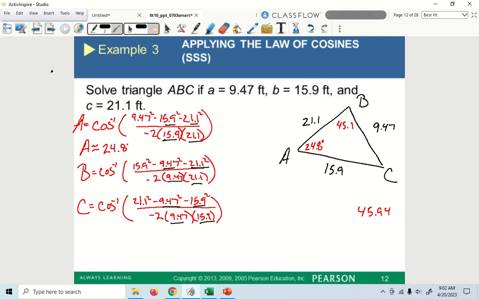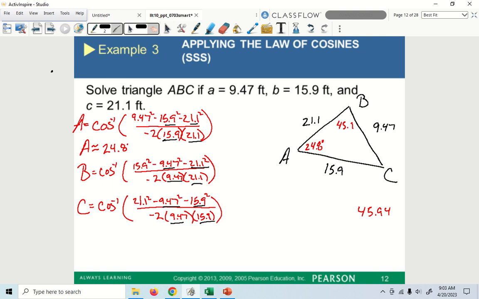I like law of cosine more than I like law of sine, because sine has a problem. What's the problem with law of sine? You have to find the angle before you find the side. Almost. There's a special word for it. Ambiguous.